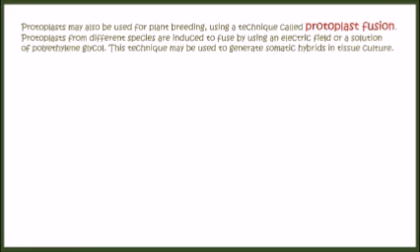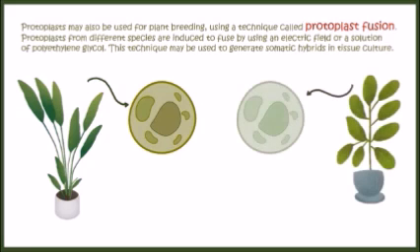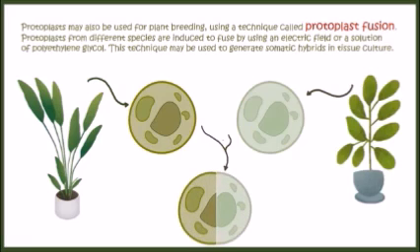Because there is a species barrier, and that can be overcome with protoplast fusion. So protoplasts from one plant are prepared and from another plant are prepared, and then they can be fused with polyethylene glycol treatment. That leads to these fused cell types. And this is called a somatic hybrid.